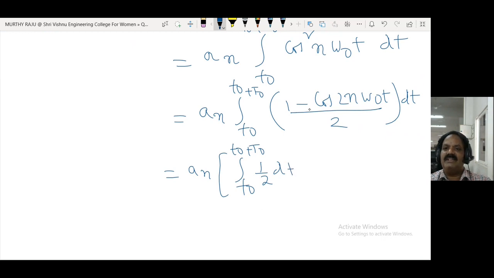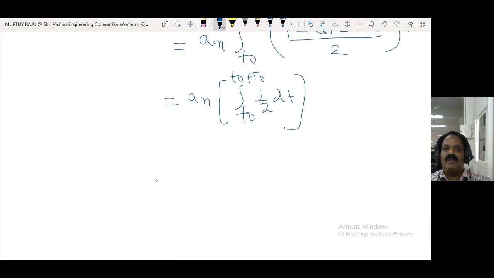The remaining term, the integral from small t0 to small t0 plus capital T0 of cos 2 n omega naught t by 2, has value 0, so we need not write it here. Therefore, an by 2 times the integral of dt from t0 to t0 plus T0.